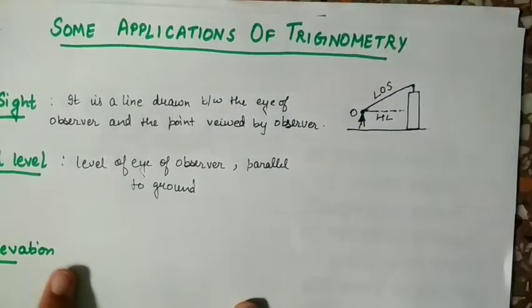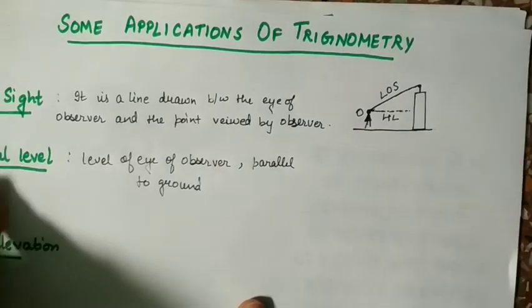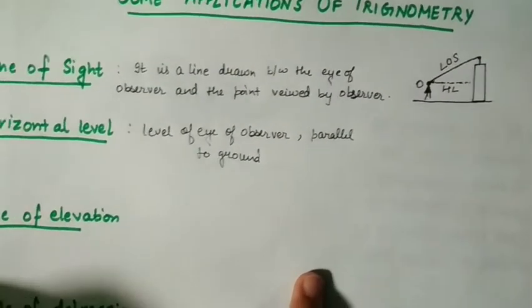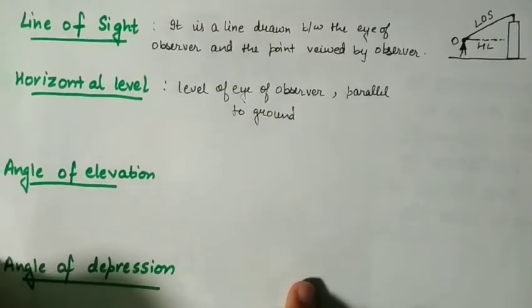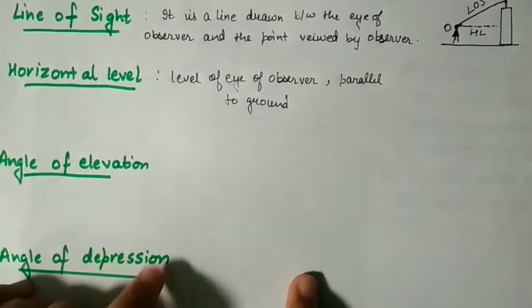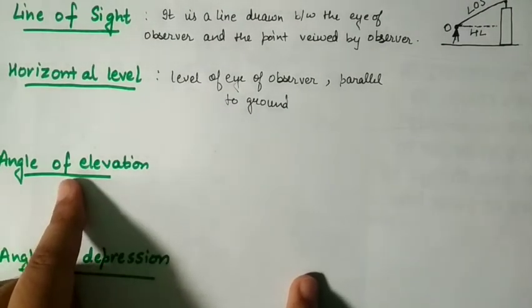Okay, now these two words will be used while we see the definitions of angle of elevation and angle of depression. So let us first see what is angle of elevation.